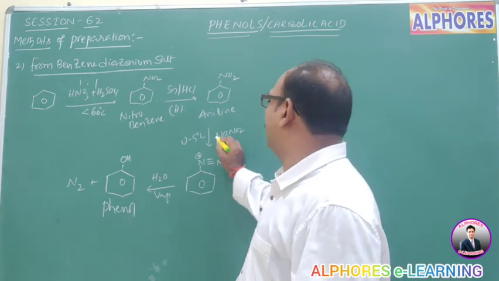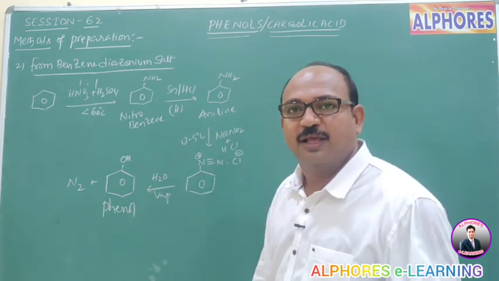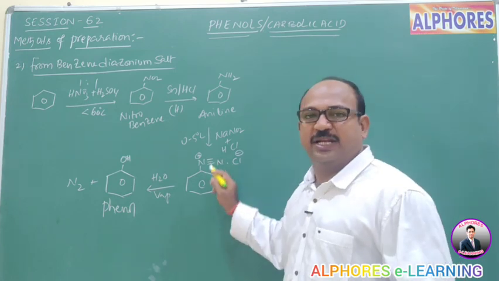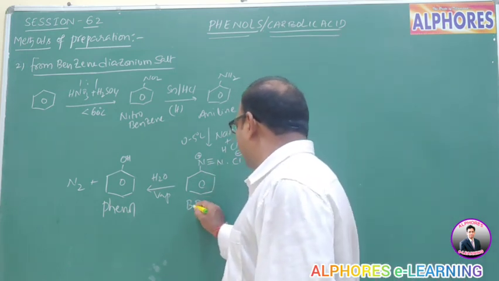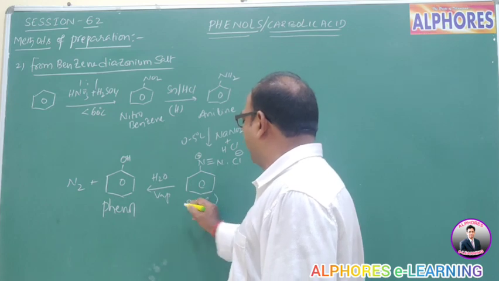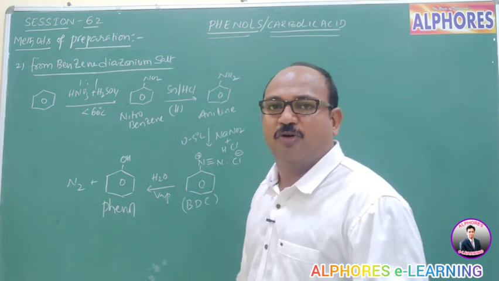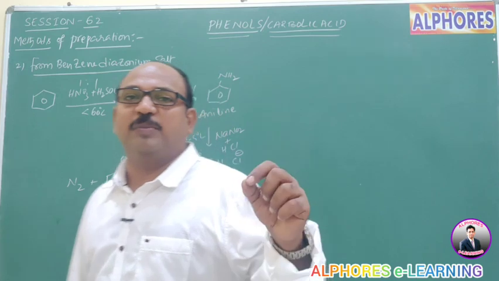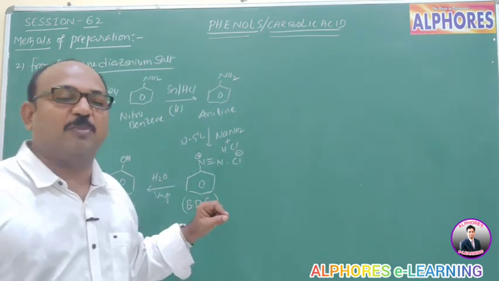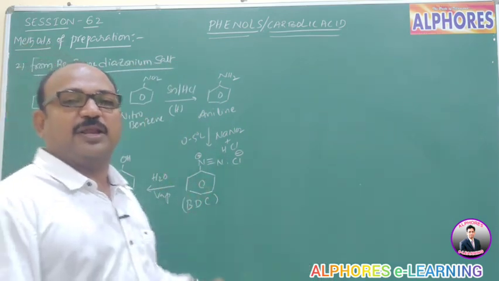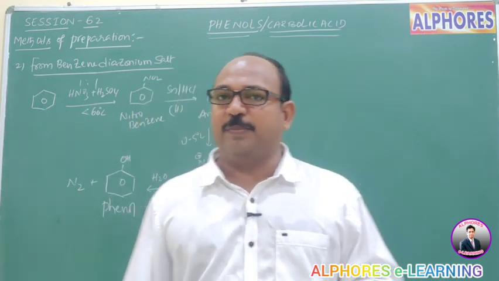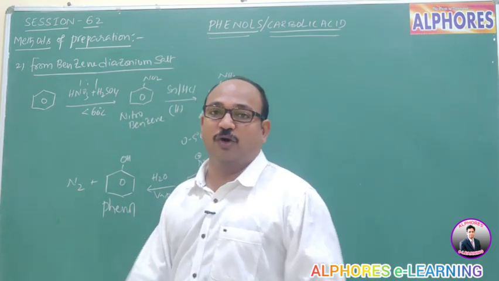For that we use NaNO2 and HCl. As a result we get benzene diazonium salt. In the previous session we learned that benzene diazonium chloride is an organic compound but soluble in water. We can prepare many aromatic compounds using this. Upon reaction with water vapor, we get phenol.